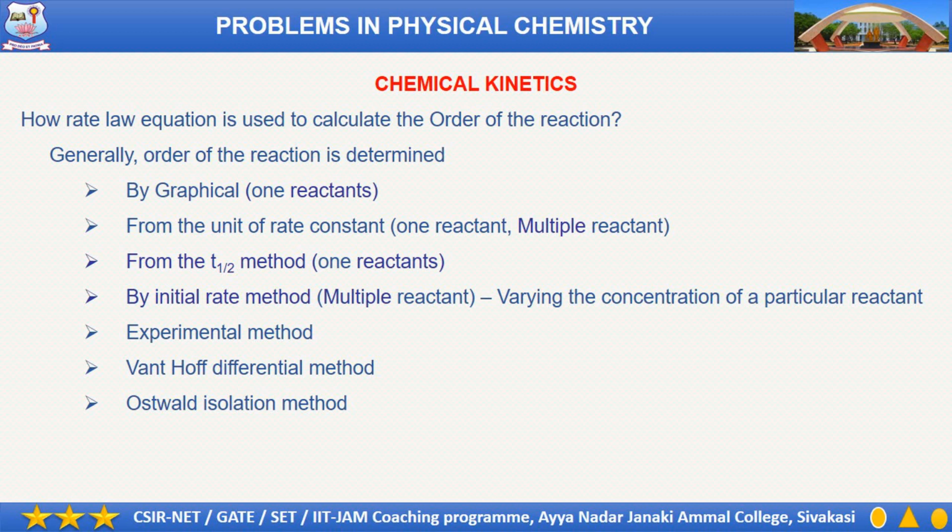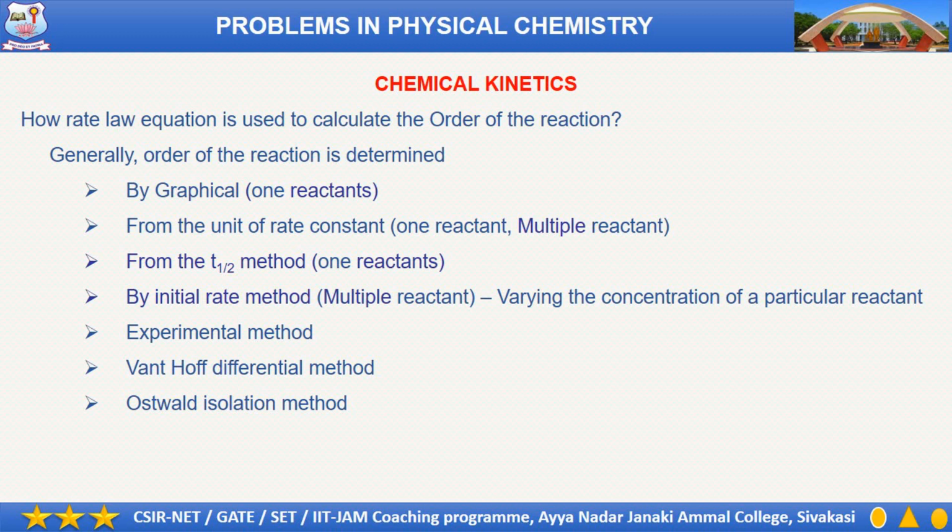Then keep the concentration of the other two, both B and C, constant. Now keep A and C constant, vary the concentration of B, and find out what would be the variation of the rate.